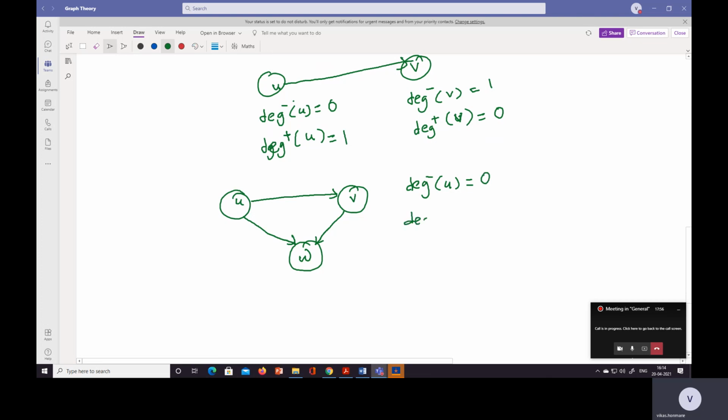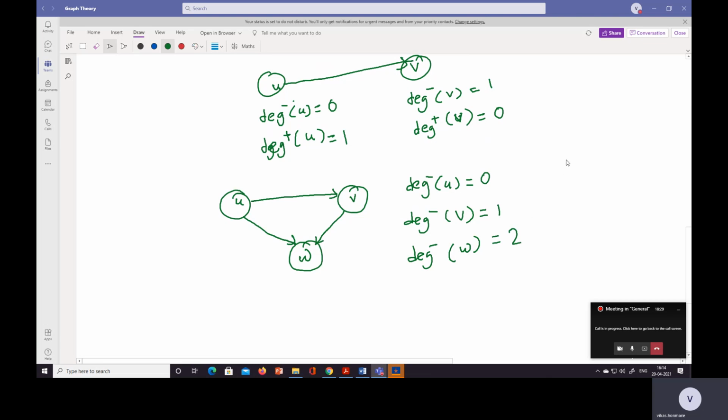In degree for v is 1, since it is the terminal vertex for one edge. In degree for w is 2, because two edges are coming in, meaning w is the terminal vertex for two edges.